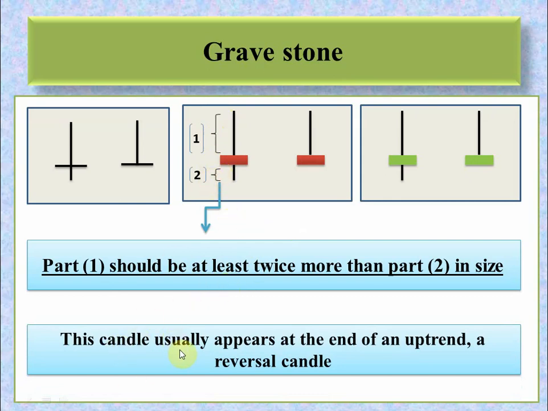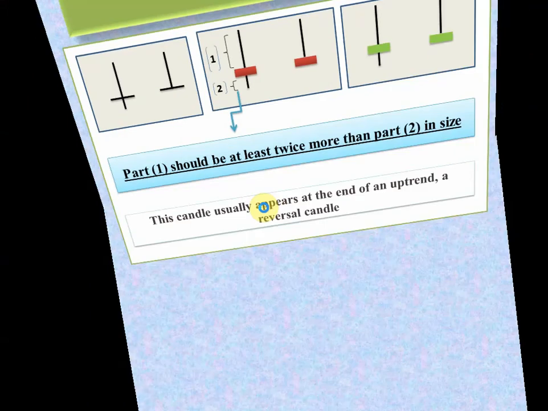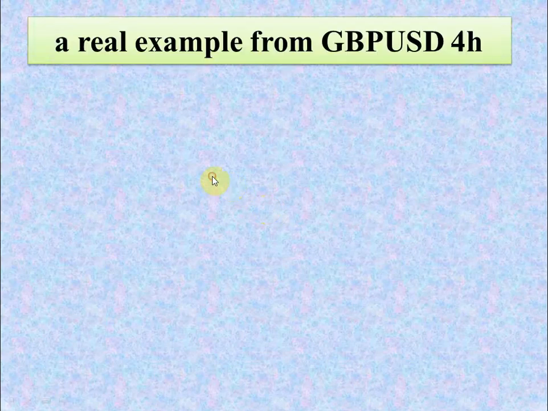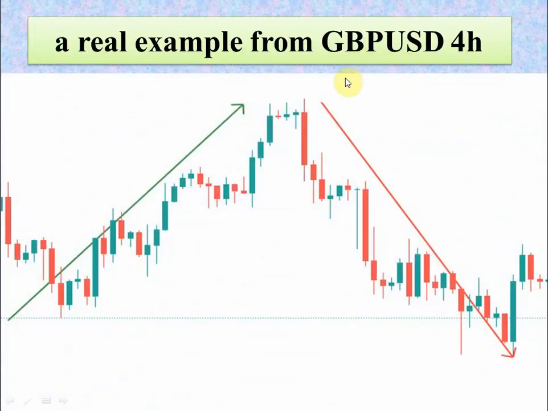This candle, gravestone, usually appears at the end of an uptrend, a reversal candle. Let's take a look at some real examples from GBPUSD at time frame 4 hour. Here we have an uptrend.